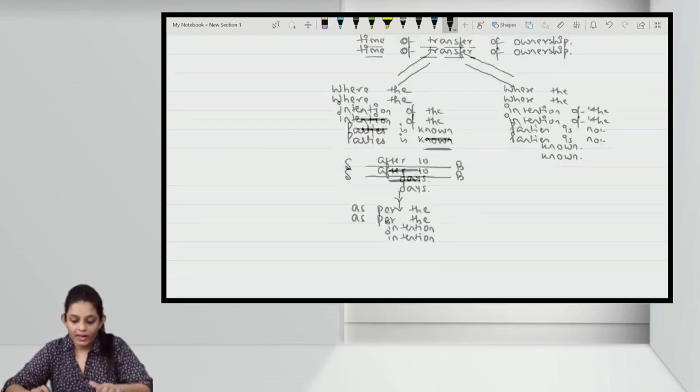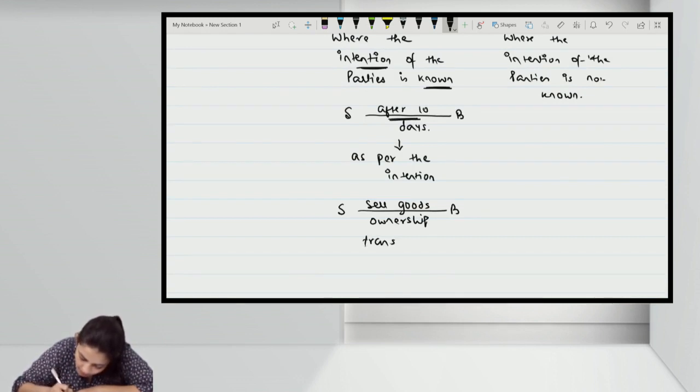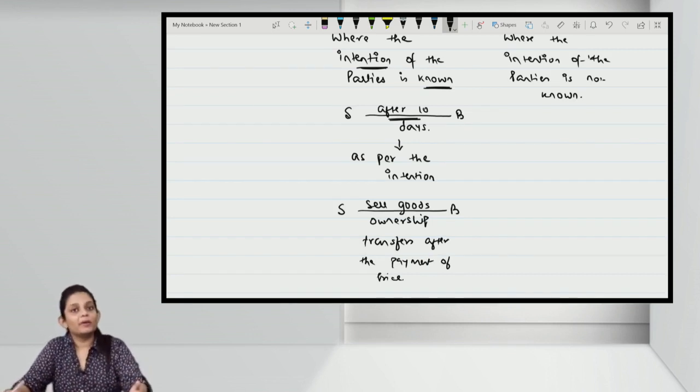On the other hand, let us take another case. S says to B, I will sell you my goods where the ownership will transfer after the payment of price. So when will the ownership transfer? Only after the payment of price.